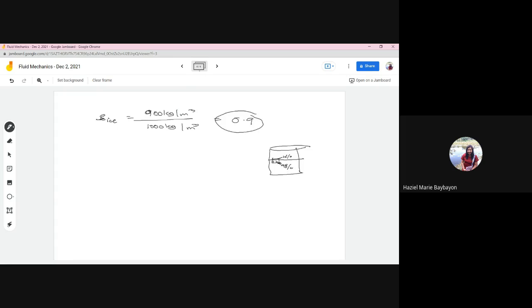Did you get it, class? And then, for example, if you have an object that has specific gravity equal to 0.5, then 50% of that object, if it is solid, is submerged in water and the other 50% is outside. It is partially floating or partially submerged.